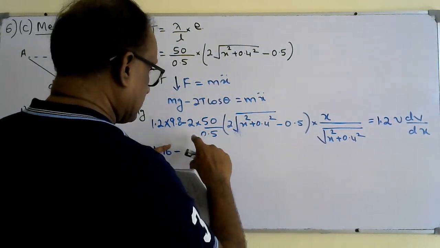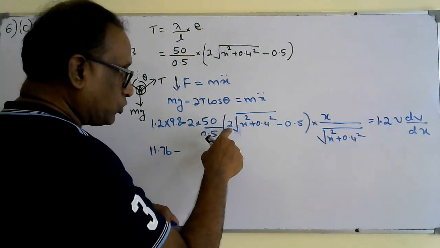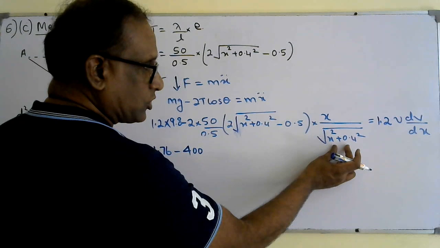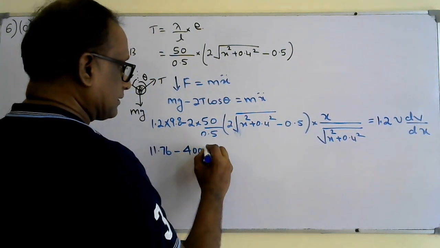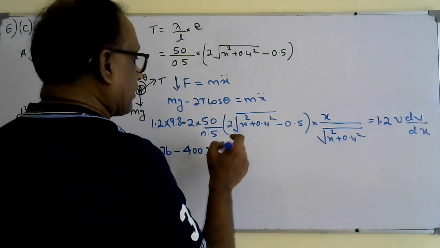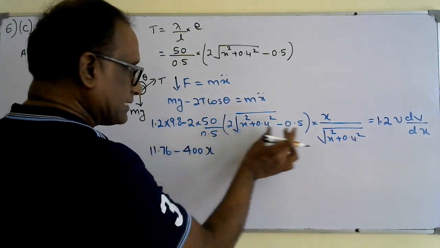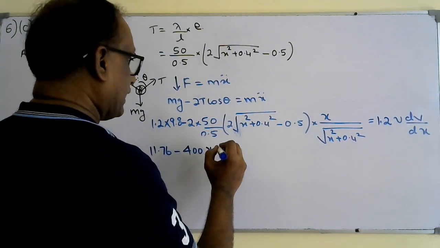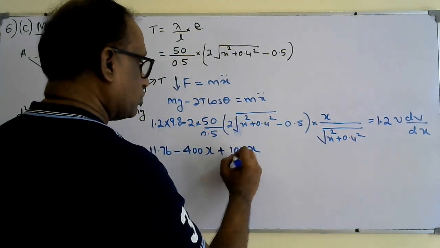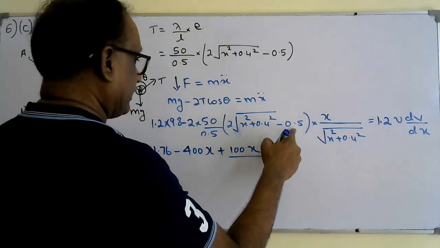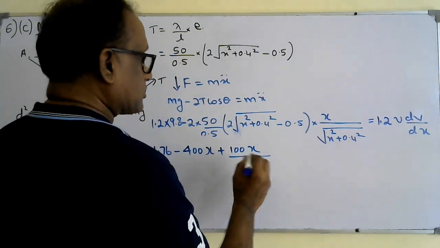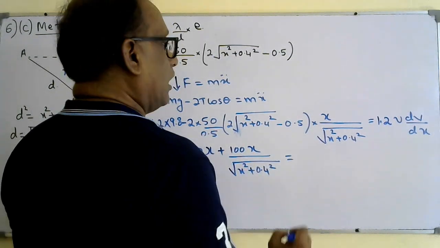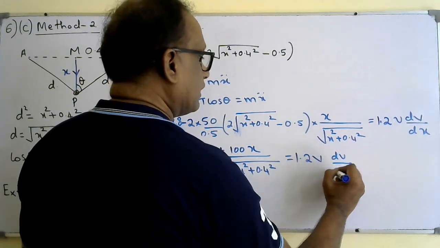When you multiply this part, 2 into 50, 100 divided by 0.5, 200, 200 into 2 is 400 times x, so 400x. Then there is minus 0.5. When you multiply this inside, the 0.5 gets cancelled, 2 into 50 is 100, so 100x. Minus into minus is plus, so plus 100x over the square root of x squared plus 0.4 squared, equal to 1.2 v dv over dx.